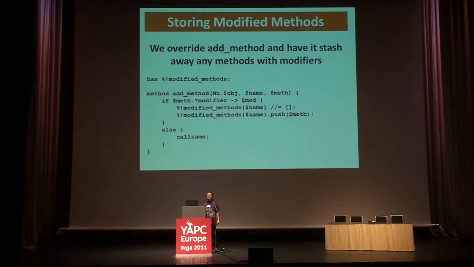So what we need to do is intercept it, and we need to say, does it have a modifier? And if it does, all we're going to do is just stick it away in this extra attribute. If it doesn't have a modifier, we'll do call same, and all call same means is just call the method that I overrode. So we'll just do the default behavior. So now we're filing away elsewhere all of these modified methods.